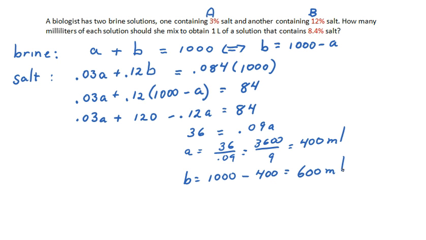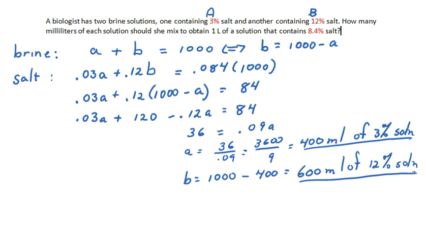So 400 milliliters of 3% solution and 600 milliliters of 12% solution should be mixed. And that's the answer to this problem.